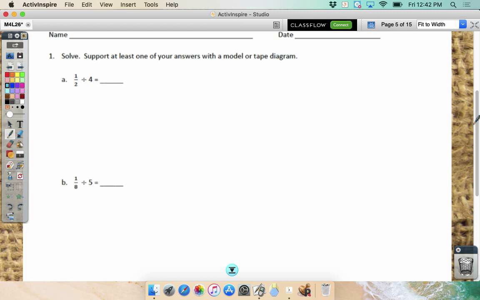Now, I have something funny. I'm not mentioning any names, but one of my homeroom students. Very nice. It's just so cute. So this homeroom student came up. I'm going to read this to you, first of all. It says, solve. Support at least one of your answers with a model or tape diagram. 1. You hear that? 1.